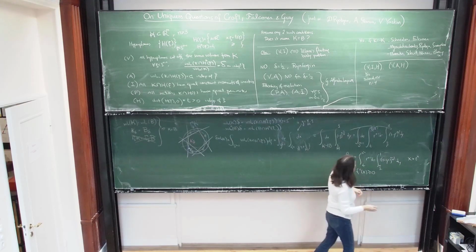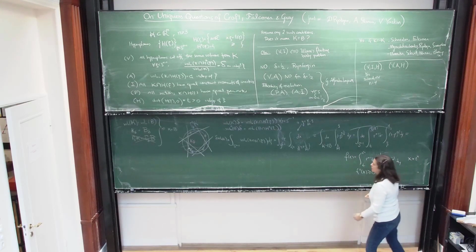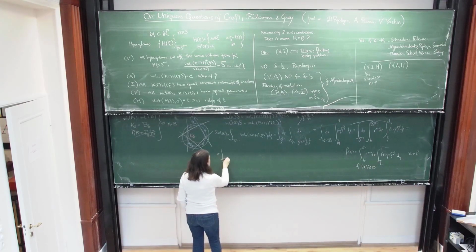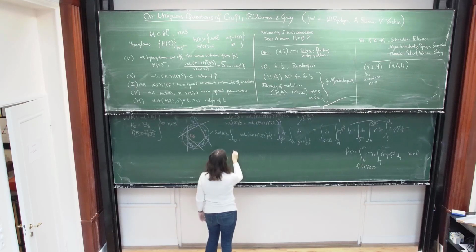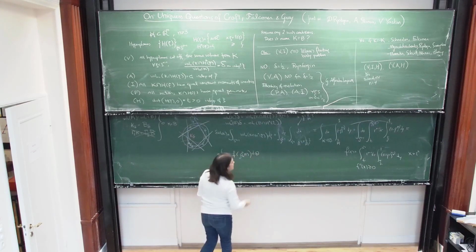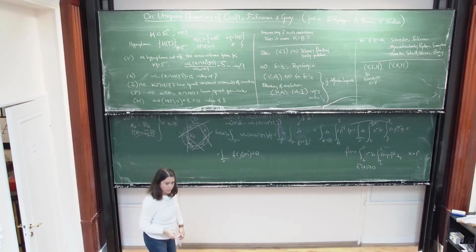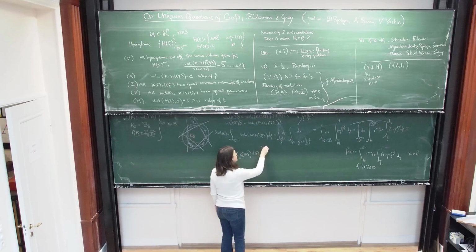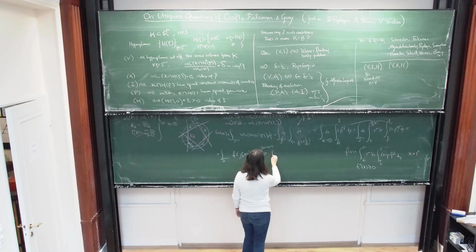So what we have here is the integral over S^{n-1} of f of rho_K(theta) to the power n, d theta. But now, since f is convex, we apply Jensen's inequality and take the f outside.